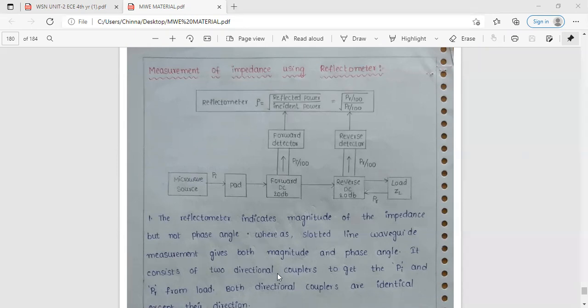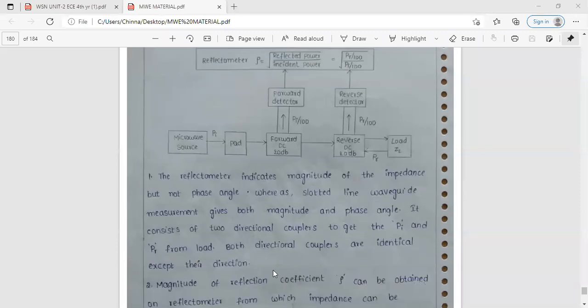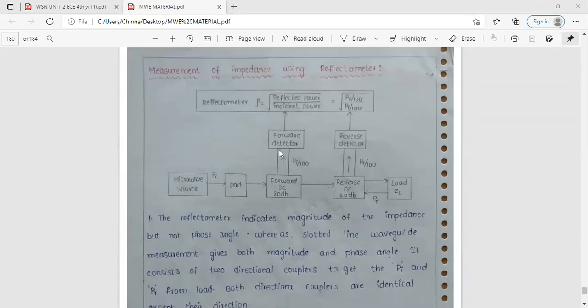It consists of two directional couplers to get the incident power and reflected power from the load. Both directional couplers are identical except their direction. So the reflectometer indicates the magnitude of the impedance, not the phase angle. One is in the forward and one is in the reverse direction that we are considering here.